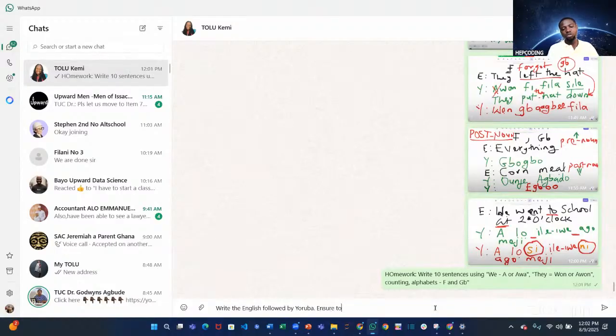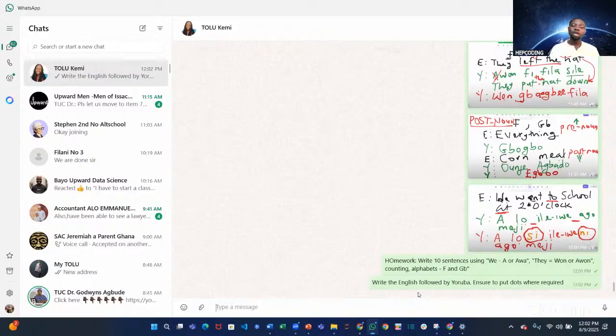Ensure to put dots where required. Do it for next class.